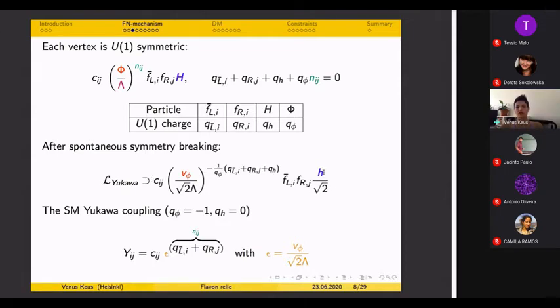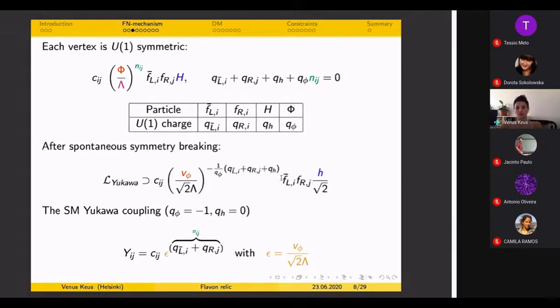After the electroweak symmetry breaking, you could replace the doublet with its particle, the Higgs, and the flavon could be replaced by its VEV. Knowing that this is the scale of new physics, which is high, you could tell that this is a small quantity. This small quantity is usually represented by epsilon. So these order 1 coefficients times this epsilon with a certain power is what is going to be your Yukawa coupling.